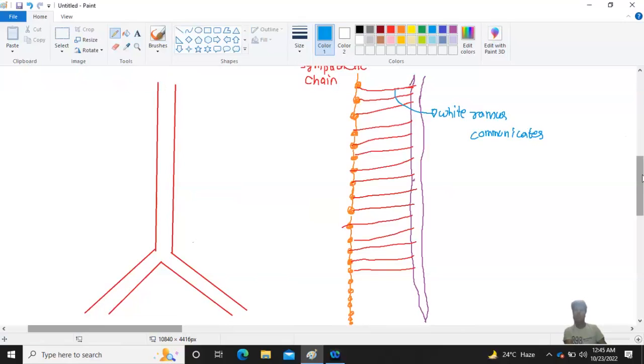This prevertebral plexus is only for the abdomen. So here we can take a section. Let's say we start from the thorax.